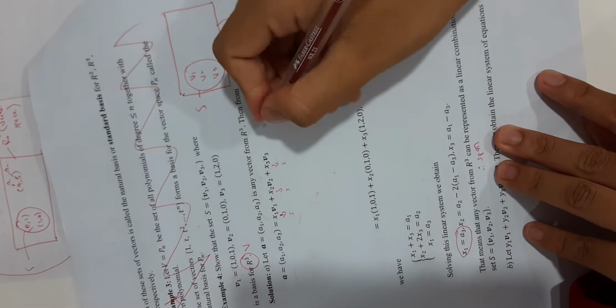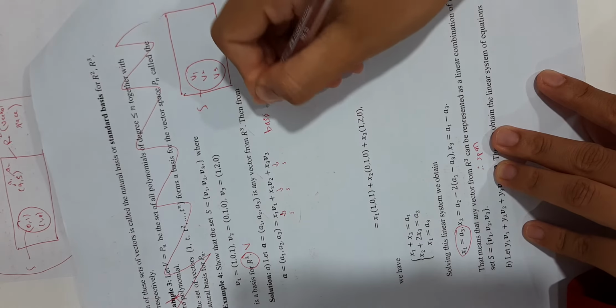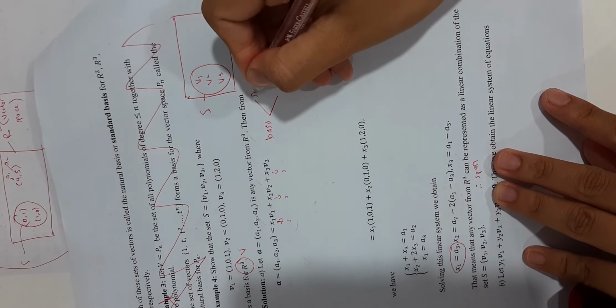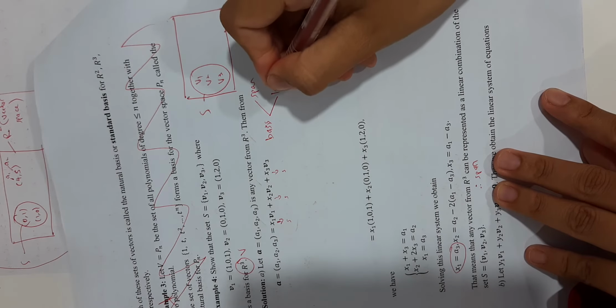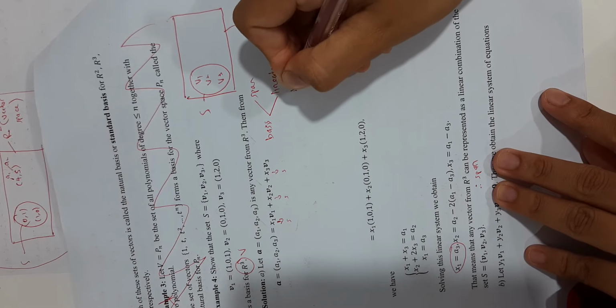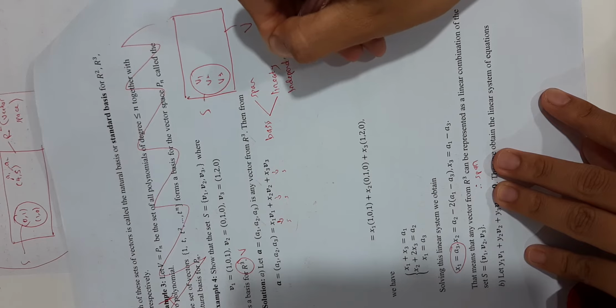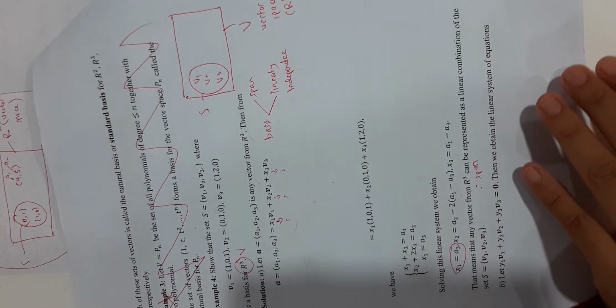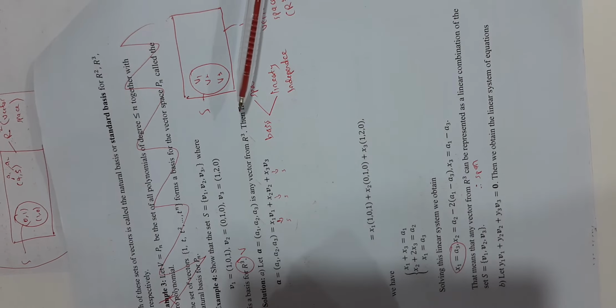And you know, again, that to check basis, there are two things that you need to check. First, you need to check for span, and the second thing is you need to check for linear independence. Okay, so let's move on with the span.